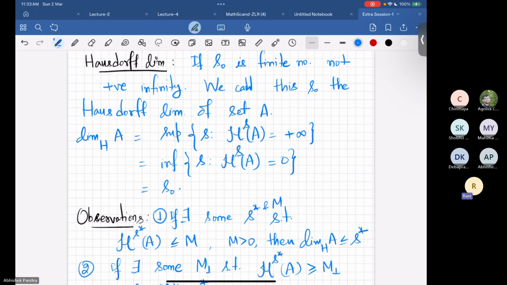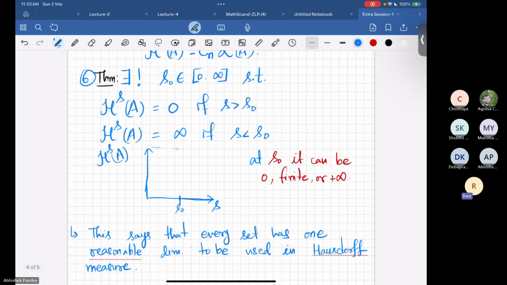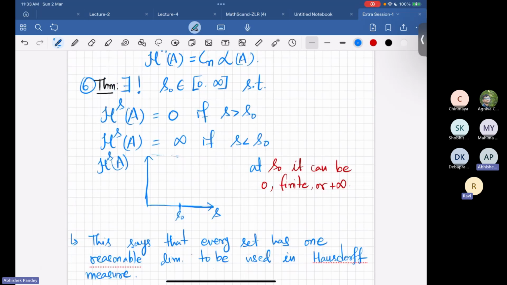I see. But if you go to the previous page, your S naught is from zero to infinity, right? You wrote there is this unique S naught which can be infinity. So I just want to know for which type of set S naught is infinity.